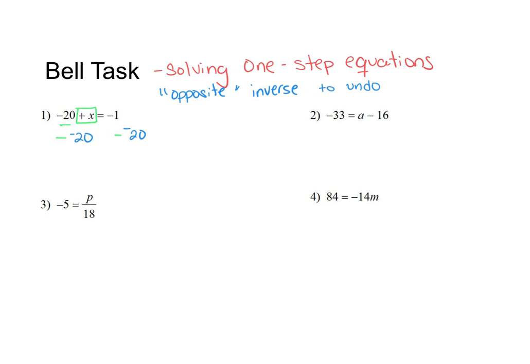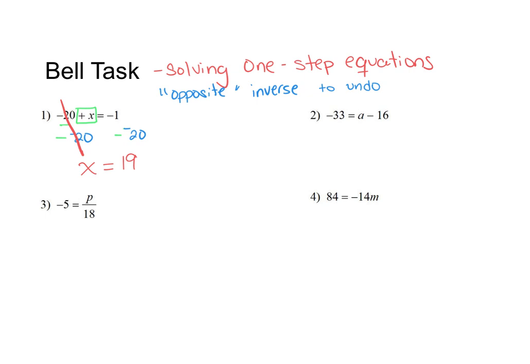So by subtracting a negative number, technically what you will be doing is adding, which is why negative 20 minus negative 20 cancel out. Then using a calculator or on your own, you can subtract negative 1 minus negative 20, which turns into positive 19. So we have x equals 19.